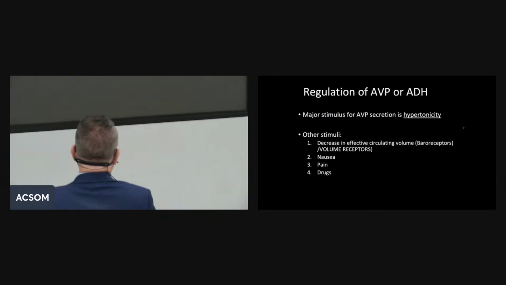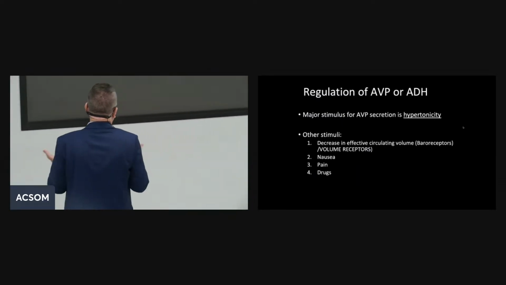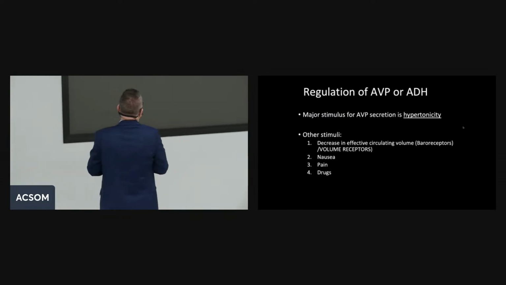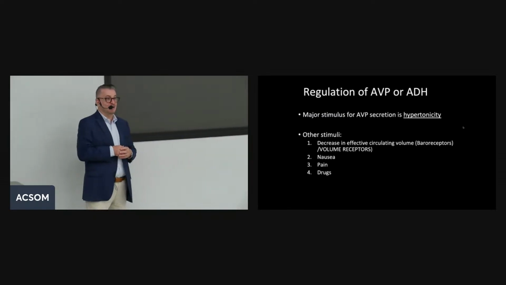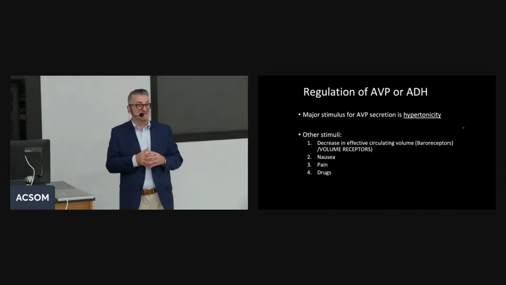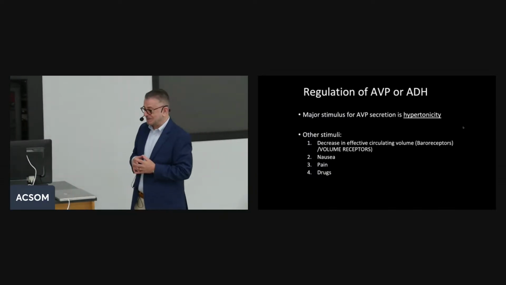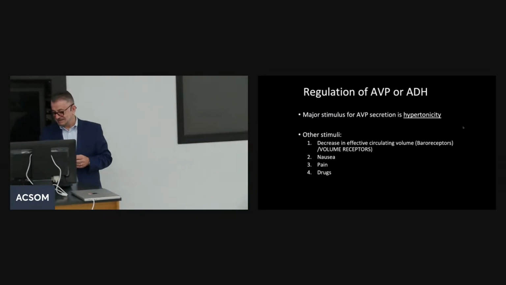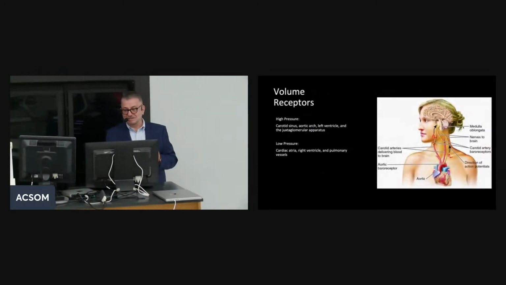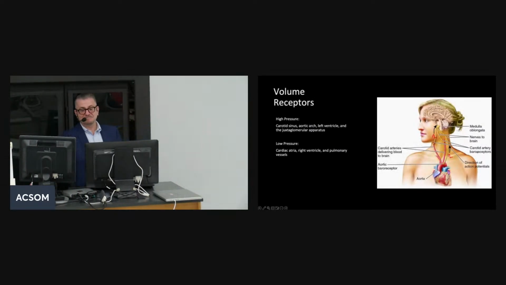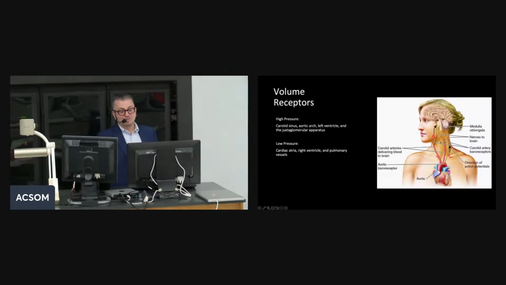Now, in addition to water and osmolality, there are other things that activate ADH, such as nausea, pain, and some drugs. These are things that they will ask all the time in your board exams. Okay, the volume receptors, I show some of them here, and these are important.